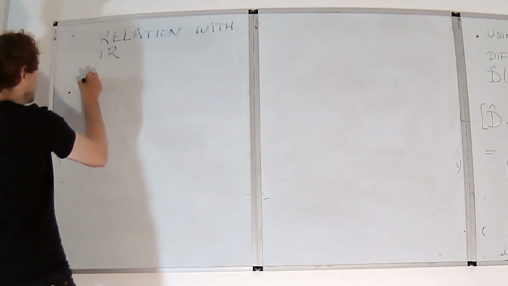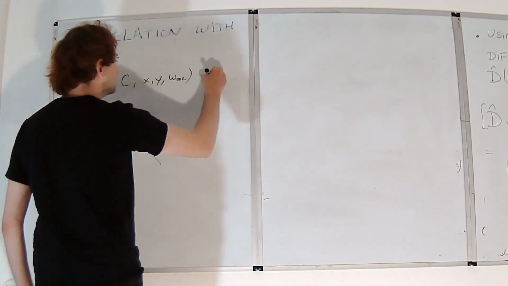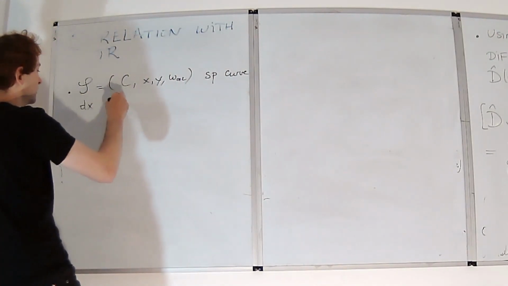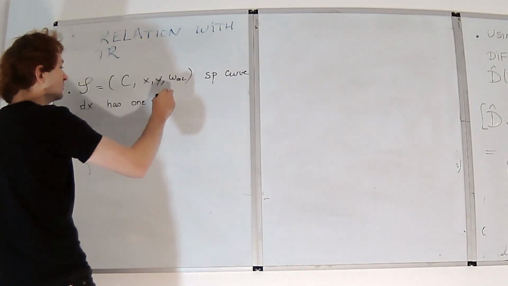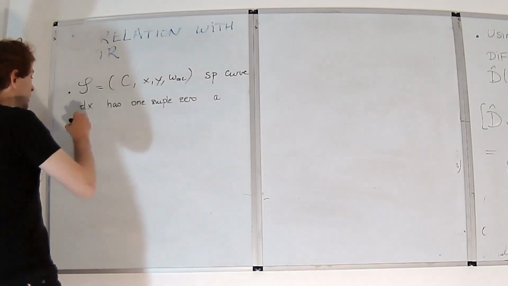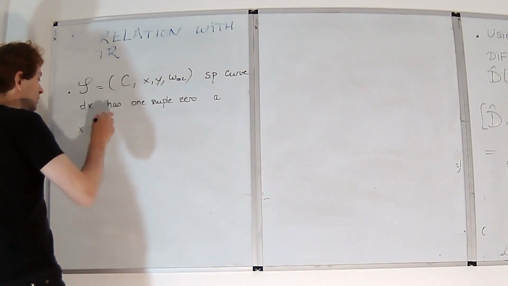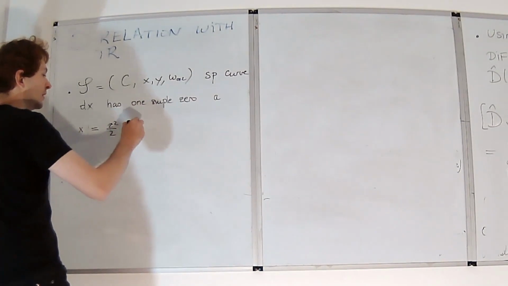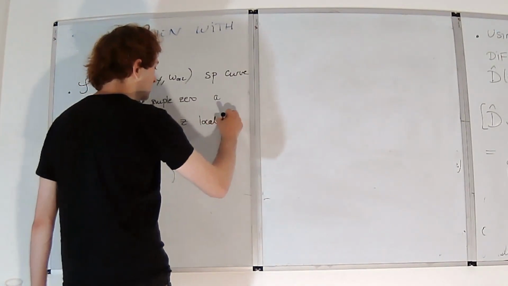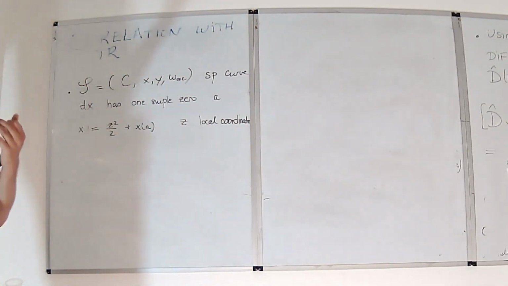So let's take a spectral curve. And assume that dx has one simple zero, which I'm going to call A. Then I can always take a local coordinate so that x is z squared over 2 plus x of A. So TR is, because of the residue formula, a coordinate-free formulation.